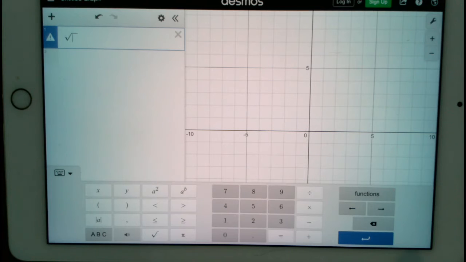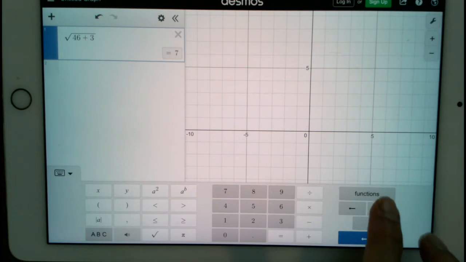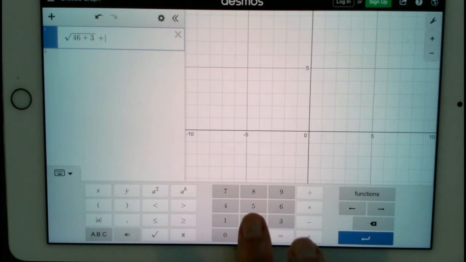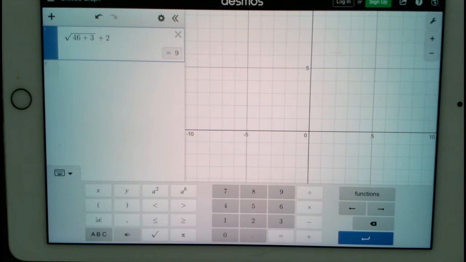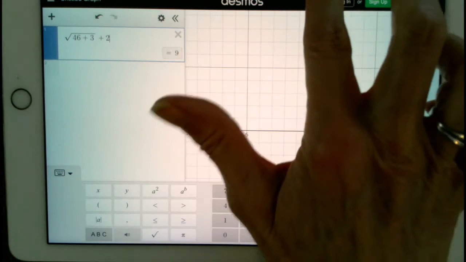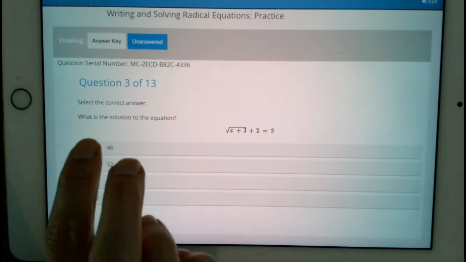Square root, and then we're going to put 46 in for x. So it's 46 plus 3. And then arrow out of that, you want to get out from underneath, plus 2. And we want the answer to equal 9 because that's what's on the other side of the equation. And it does. So when we go back here, our answer is 46.